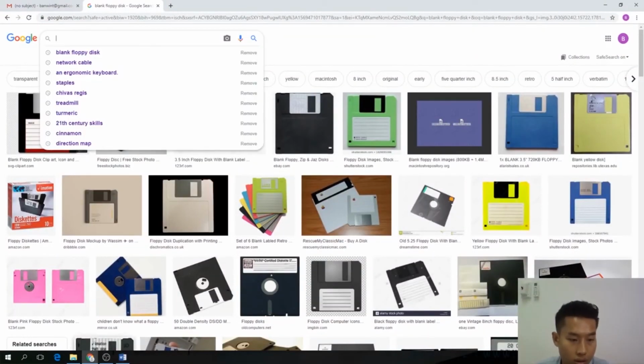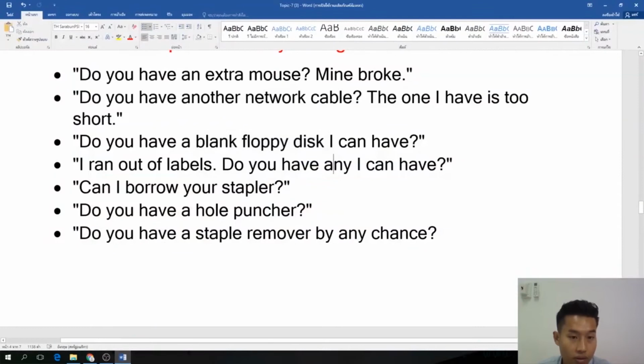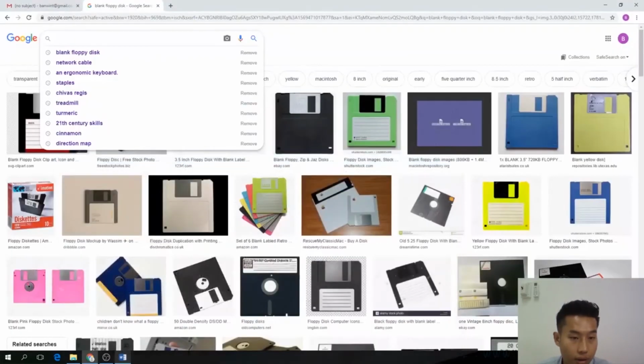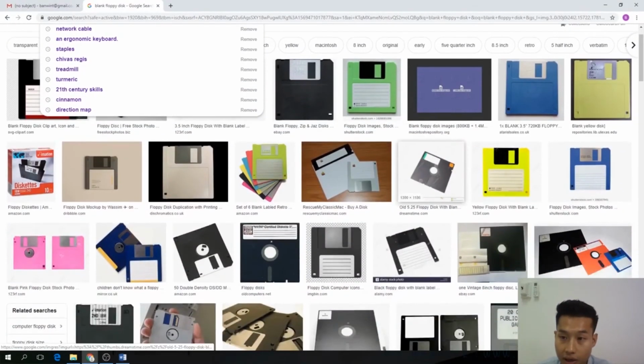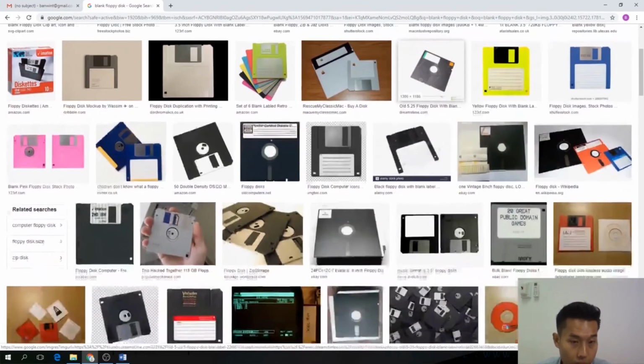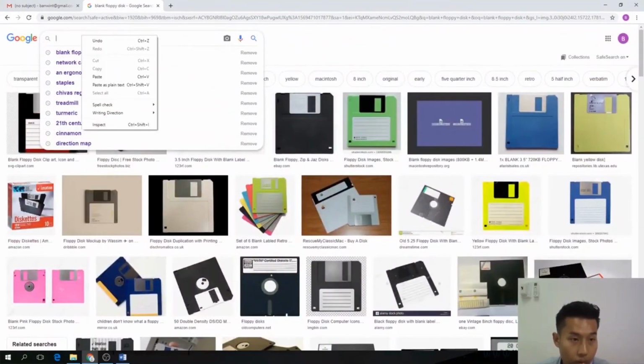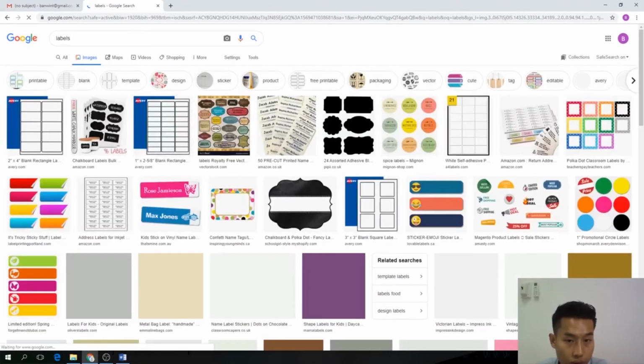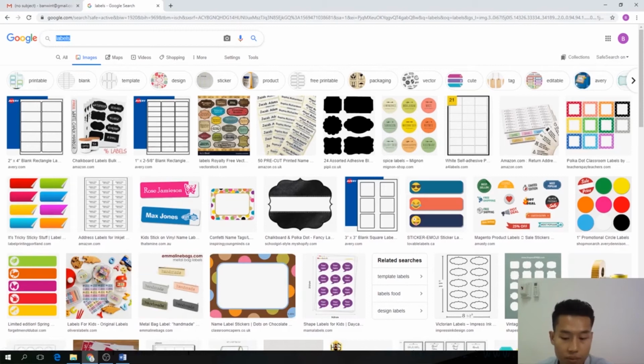Number three, run out of rubber. What does rubber mean? Okay, there are floppy disks, which we normally see in the phone. Or rubber, just for signature, something like that.